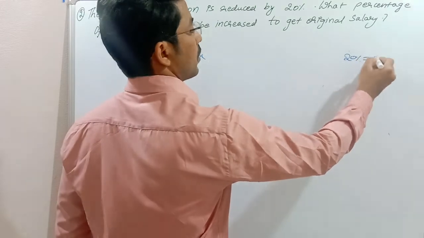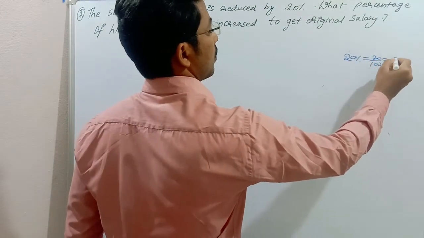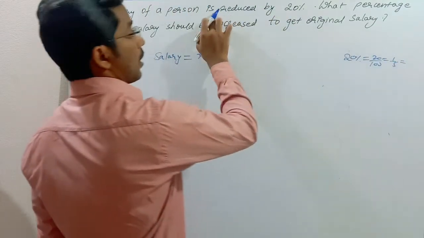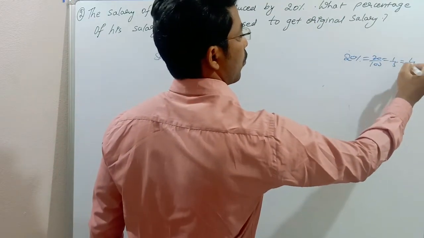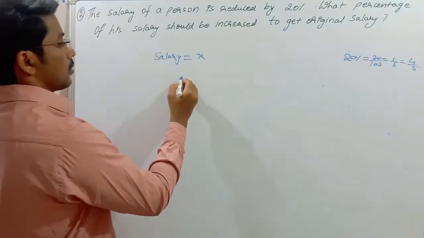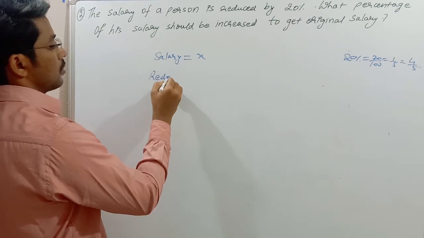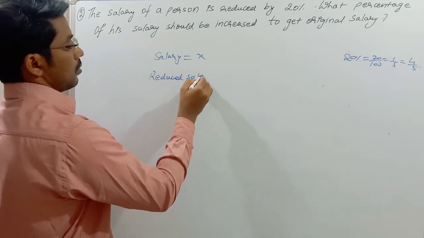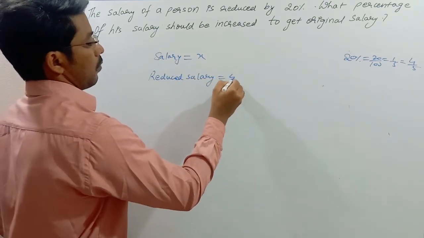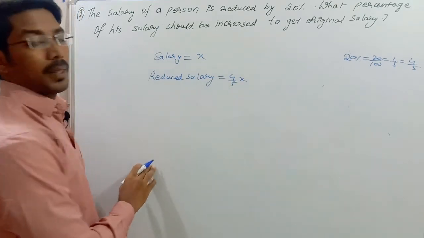So 20% we know is 1 by 5, so 5 minus 1, 4 by 5 of X. So the reduced salary is 4 by 5 times X.